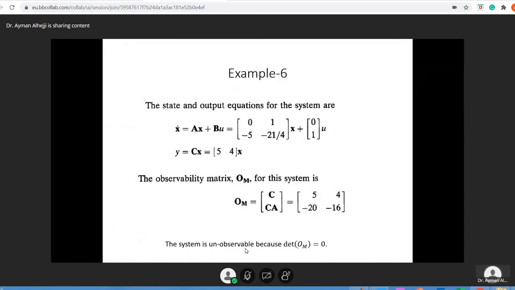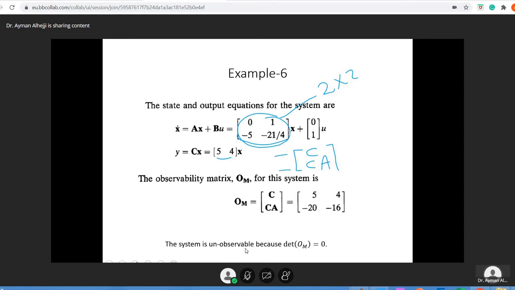Now we have this example, which is a second order example. We need to check the observability of this system. We take A, we take C. We know that this matrix is 2 times 2, so it's enough to find C and CA, because this shows 2 rows, the first row and the second row, because it's a second order system.